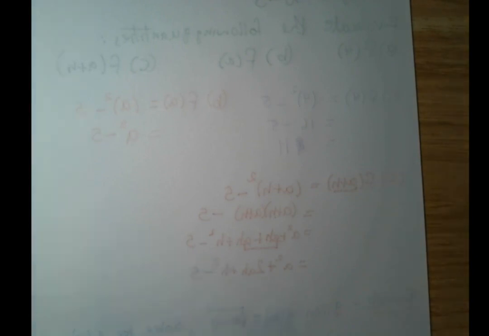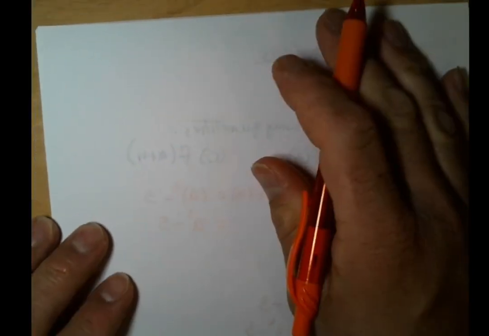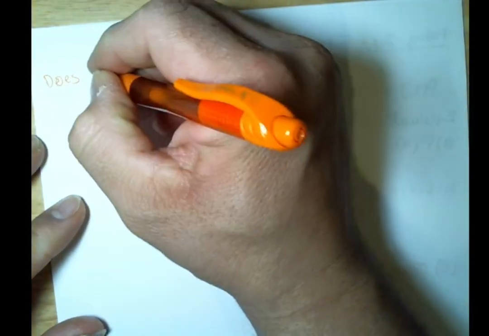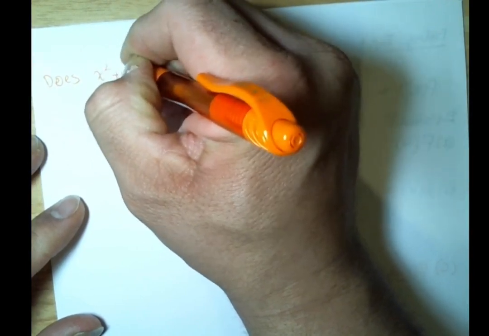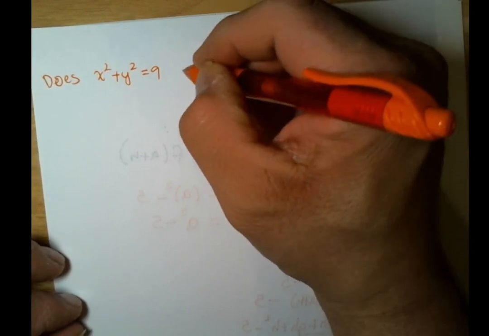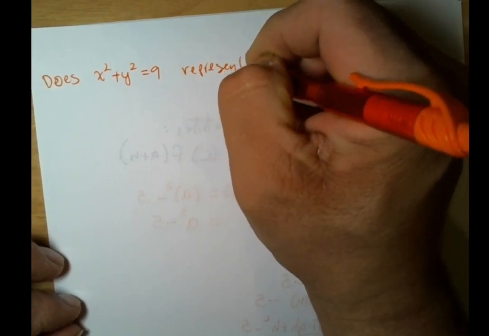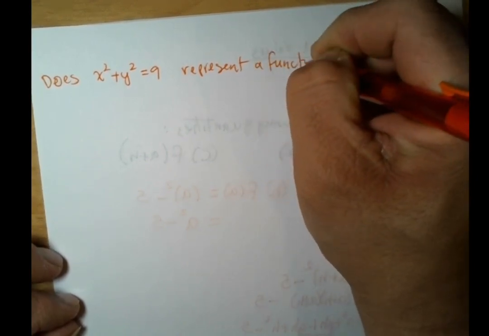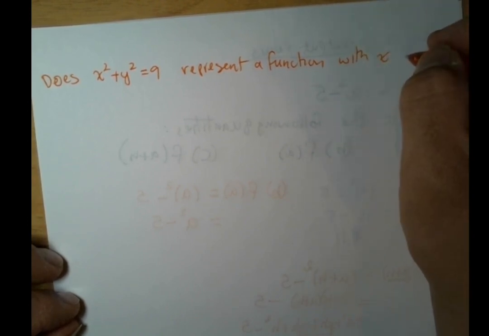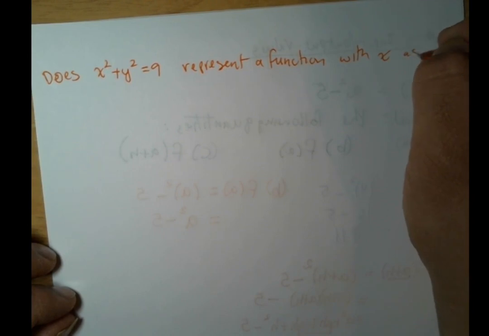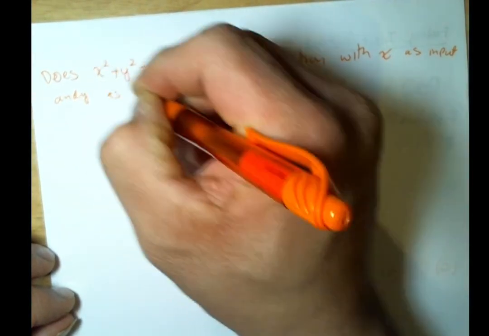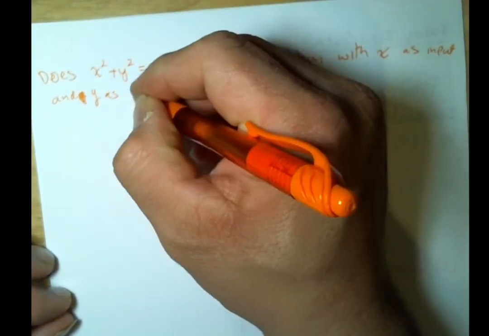And we're asked, does x squared plus y squared equal to 9 represent a function with x as input and y as output?